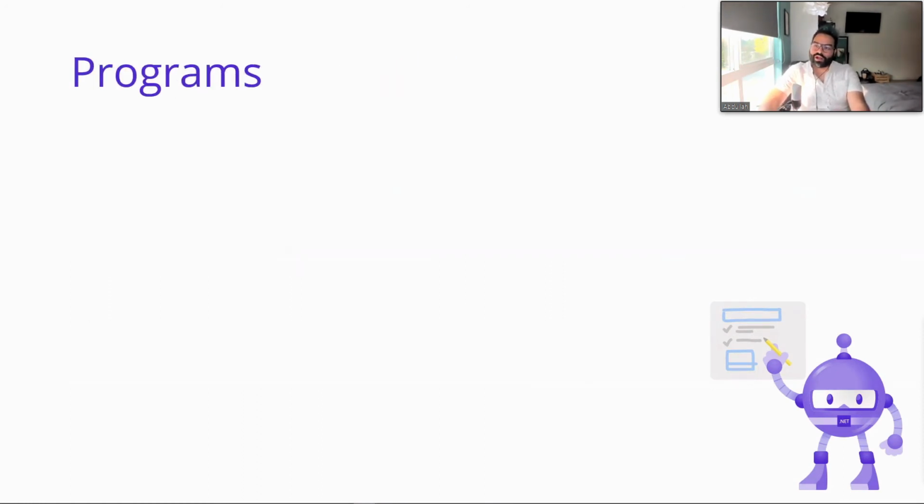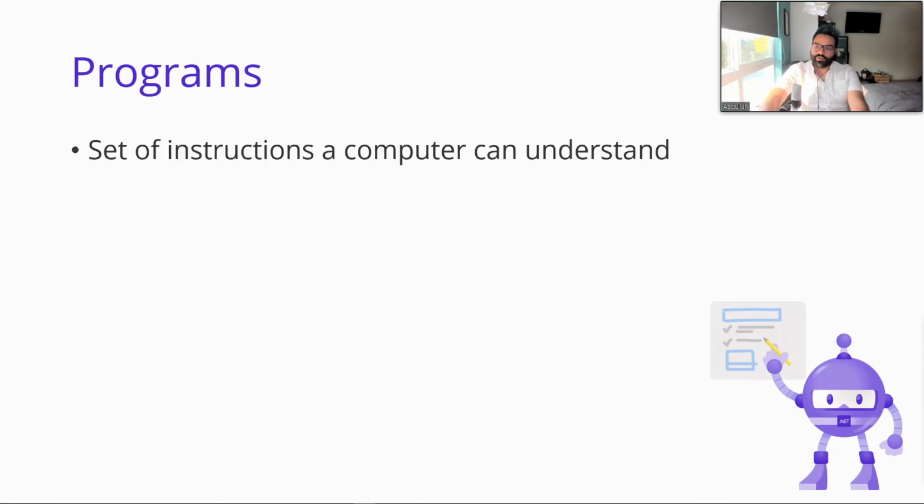So what are programs to begin with? Programs are a set of instructions that computers can understand. And all of what computer science has been doing since the beginning was trying to make languages that the machines can understand, but also close to how humans interact with each other.